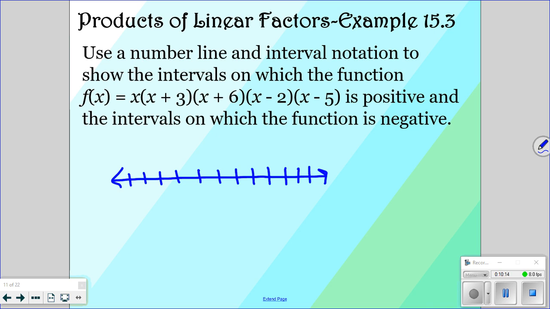And then we need to put some numbers on there. And the numbers that we're going to put come from this function here. We need to know where our zeros are.